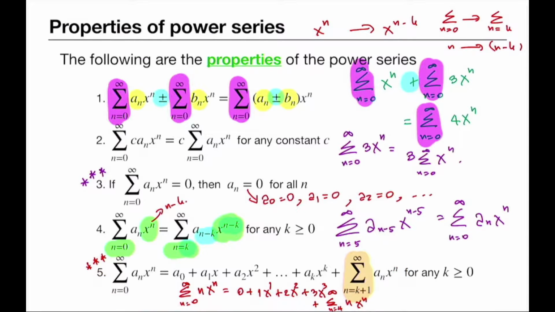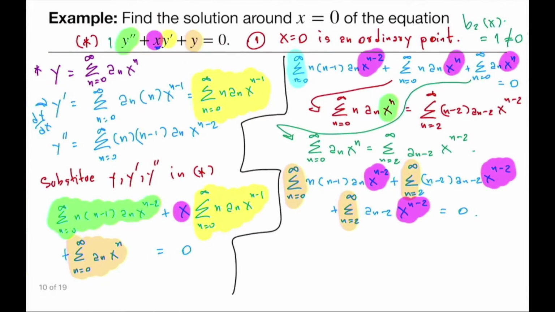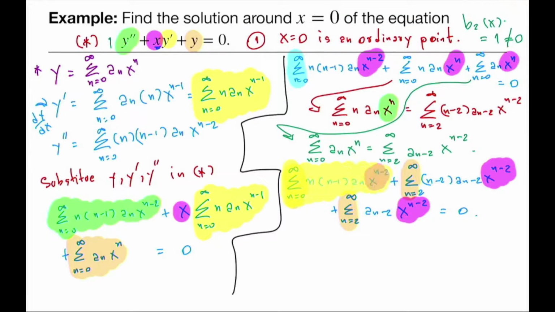Okay, we know that, summation n from 0 to infinity, you can take the first term out, the second term out, the third term out, until the term that you want, and then you continue with the summation. Okay, so in that case, this one I can write it as, let me highlight it a bit with the yellow color, to make sure that you know it's the same, guys.